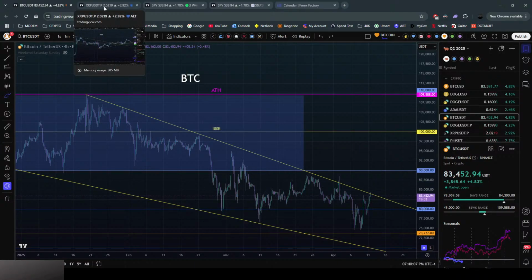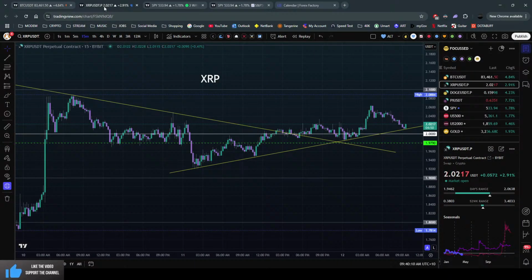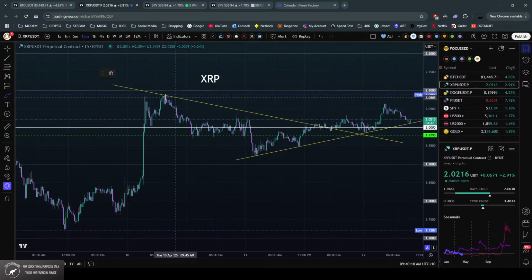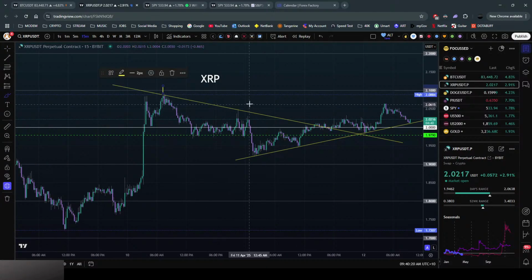I want to check out some altcoins. I haven't really looked at altcoins in a little while. Hey, speaking of trend lines, let's look at XRP very quickly. This was cool. You had 1, 2, and then almost 3 there.